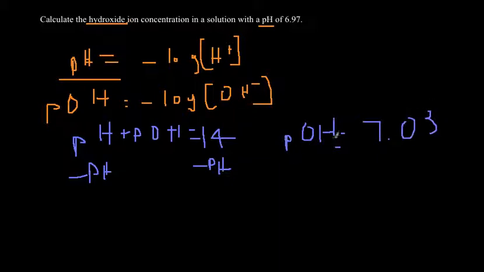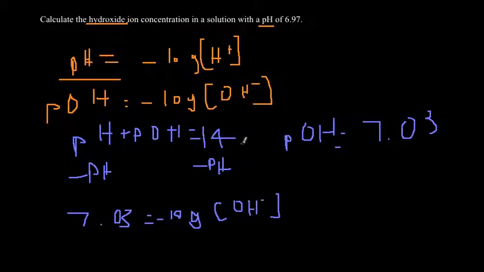This is the pOH. So now you have pOH, and you have this formula, and you want to find this. So you can plug this in here, and you have 7.03 equals the negative log of the OH concentration, OH minus.